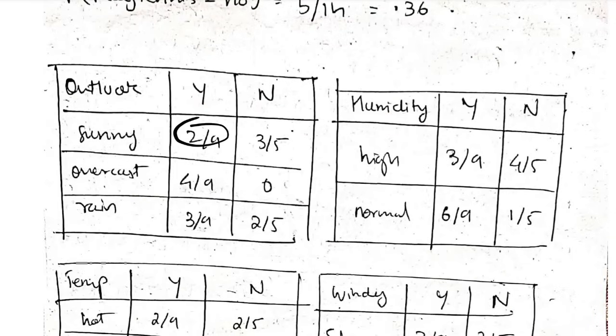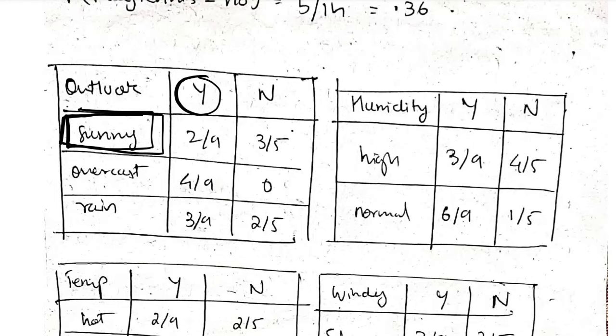So I'll be writing 2 by 9. How do you have to read this one? What is the probability of having sunny as the weather given that it is yes? Given that the answer is yes, there are total 9 possibilities. Out of that, there are 2 sunny. Same goes for all of this.